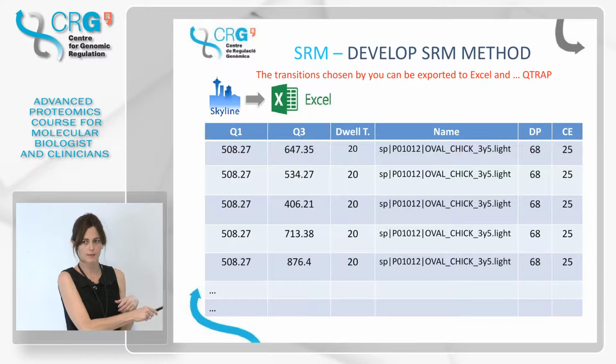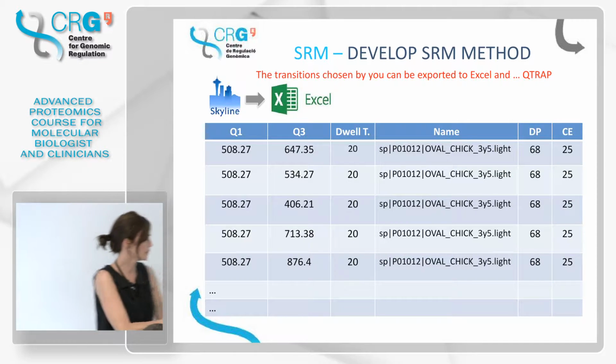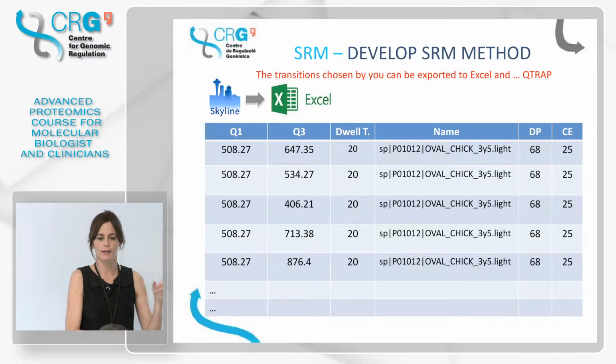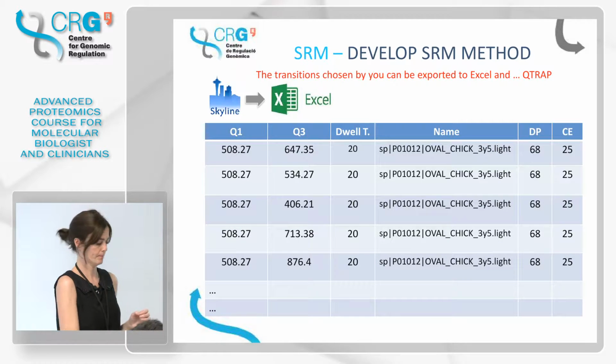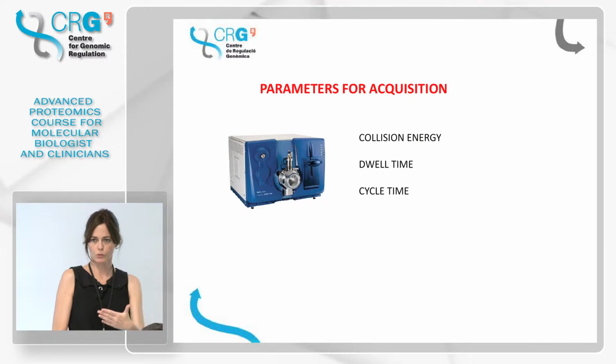These are the masses going to be filtered in quadrupole 1, in quadrupole 3. This is the time that is going to be spent measuring each one of these transitions, the protein name, and the parameters appropriate to break the peptides into fragments. So this is what one would do: send these parameters to the instrument, and then you go to the instrument with your sample and you measure your samples.